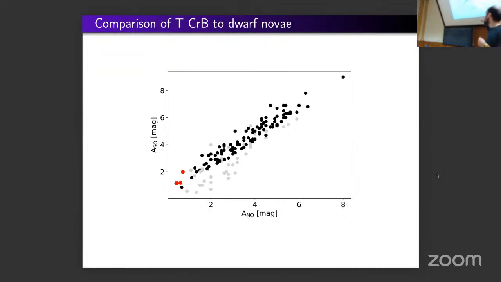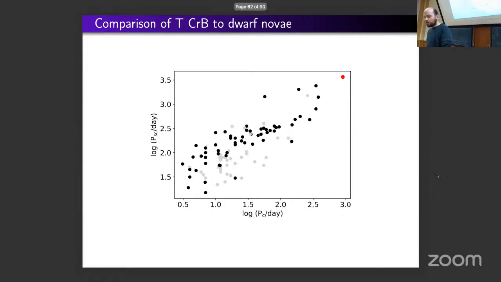On the x-axis is the smaller, so-called normal outburst amplitude, on the y-axis is the bigger super outburst amplitude. The gray and black points are different kinds of dwarf novae, and red is T Corona Borealis. And as you can see, it fits the relation for dwarf novae very well. Here is something similar for the recurrence time.